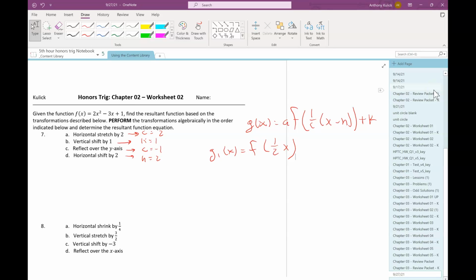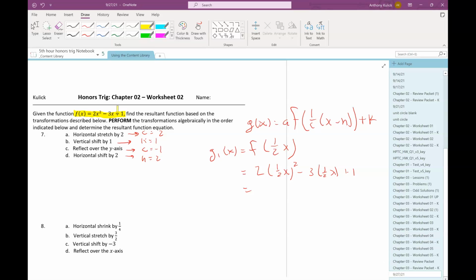So f of 1/2 x means I'm going to plug in 1/2 x for x everywhere I see it. So 1/2 x squared is 1/2 x times 1/2 x, or 1/4 x squared. That's so lost. The function is given to us in the problem, right?